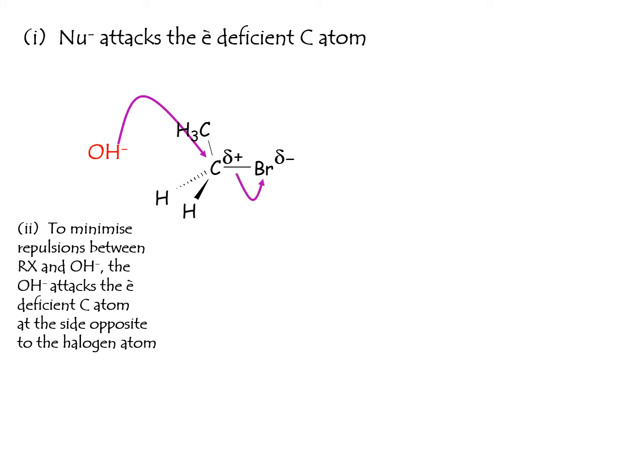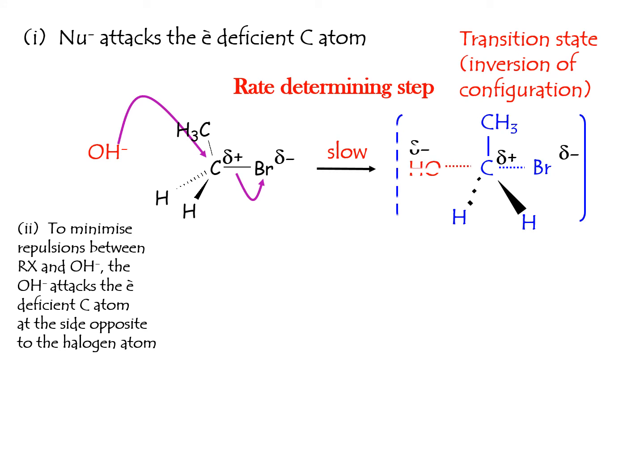At the same time, the bond between carbon and bromine breaks. Both electrons from the bond move to the bromine atom. This step occurs slowly, and it is the step that determines the rate of the chemical reaction. After the nucleophile attacks the electron-deficient carbon atom, the transition state is produced. The transition state shows the process of bond breaking between bromine and carbon and the bond forming between OH- and carbon.